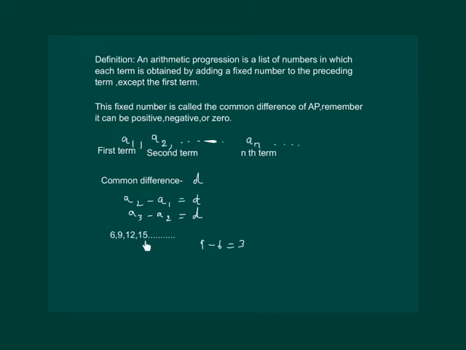If we want the next term to the 15, we can write it as 15 plus 3 equal to 18. That would mean that we can write the given arithmetic progression as 6 plus 3, 6 plus 2 times 3, 6 plus 3 times 3, and so on.